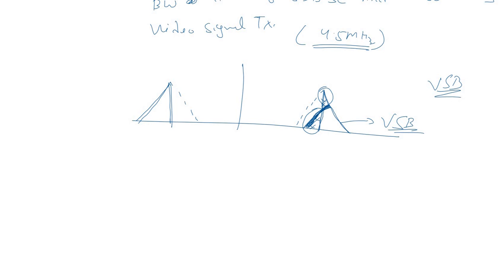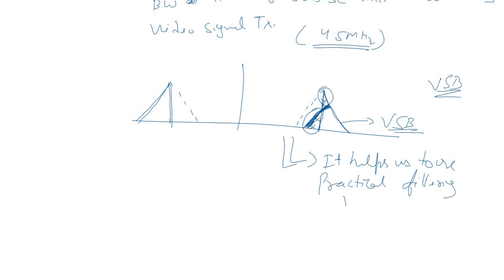It helps us to use the practical filtering process. That is the advantage of using vestigial sideband, and you can clearly see it's just a variant of SSB-SC type of modulation and helps us to use the practical filtering process.